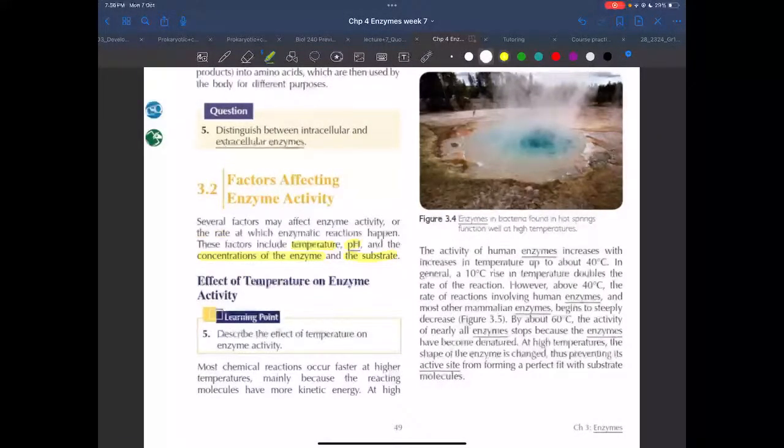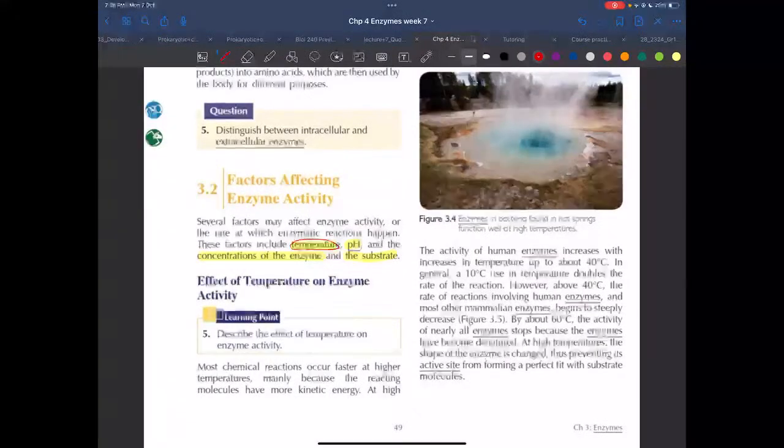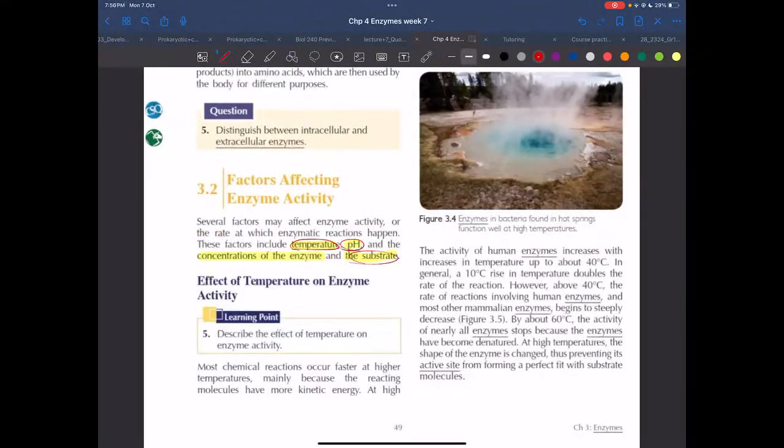So we have four main factors that affect the activity of the enzyme. We have temperature, we have pH, we have the concentration of the substrate, and we have the concentration of the enzyme. Okay? Perfect. Those are the four main factors.